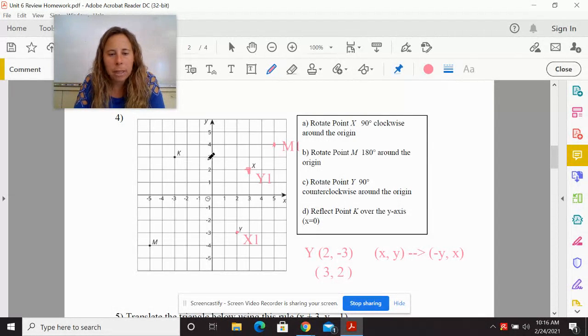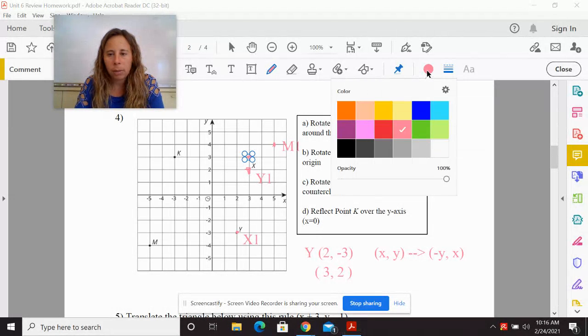So I'm reflecting it over the y-axis, so it's going to be a mirror image of itself. Horizontal and vertical lines are perpendicular to each other already, so I don't really have to figure anything out. So I just reflect it straight over. This is 3 away from my y-axis, so my new point is going to be 3 away.